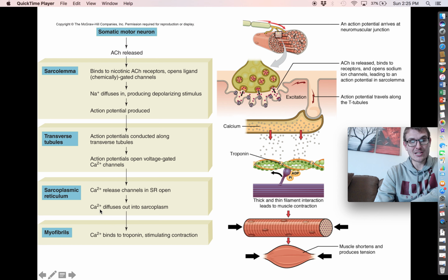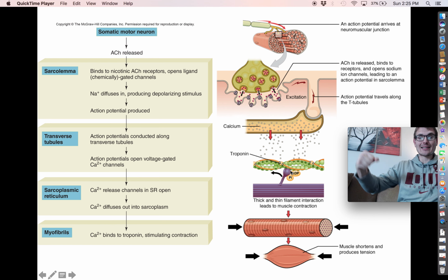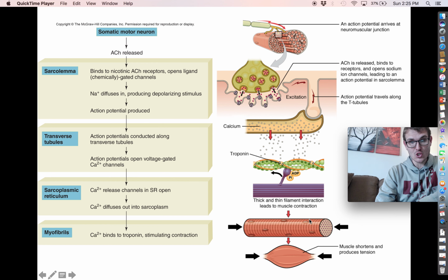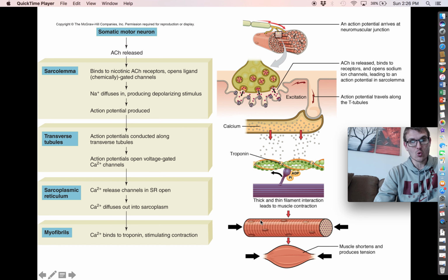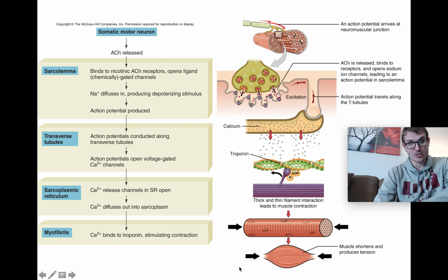Calcium floods into the sarcoplasm. Calcium binds to troponin. It moves tropomyosin out of the way. Myosin, which is all cocked back and ready to go, binds to the actin, and we get our power stroke. We shorten those sarcomeres, and the muscle produces a contraction that gives us the contractile force we need to do whatever it is we are going to do.